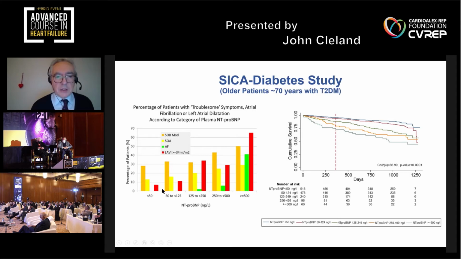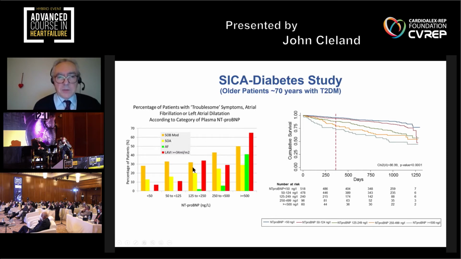If you look echocardiographically at these patients, we excluded anybody with a diagnosis of heart failure, anybody taking a loop diuretic. But nonetheless, the higher your natriuretic peptides, the more breathlessness you have, the more ankle swelling you have, also the more atrial fibrillation you have, and a dramatic increase in left atrial volume.